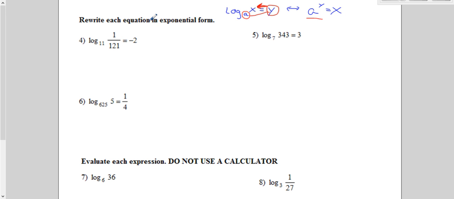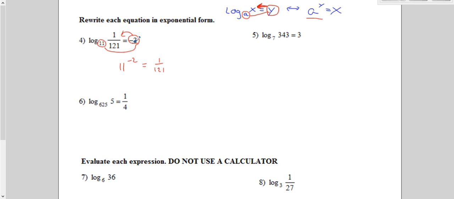So to follow that, we are going to take our base value of 11 to the negative 2 power. So 11 to the negative 2 is equal to 1 over 121.